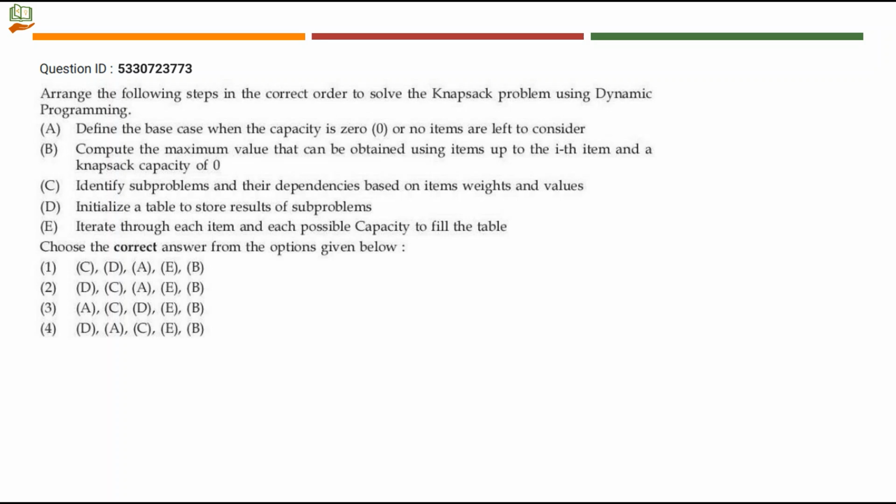In fractional knapsack we can add a fraction of the item, but in 0-1 knapsack we either include the item or exclude the item. The 0-1 knapsack problem is solved using the dynamic programming technique, while the fractional knapsack problem is solved using the greedy approach.